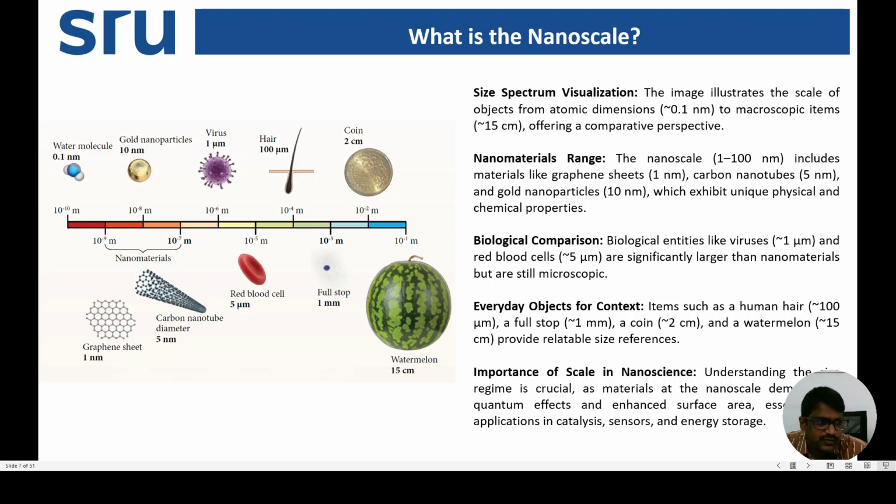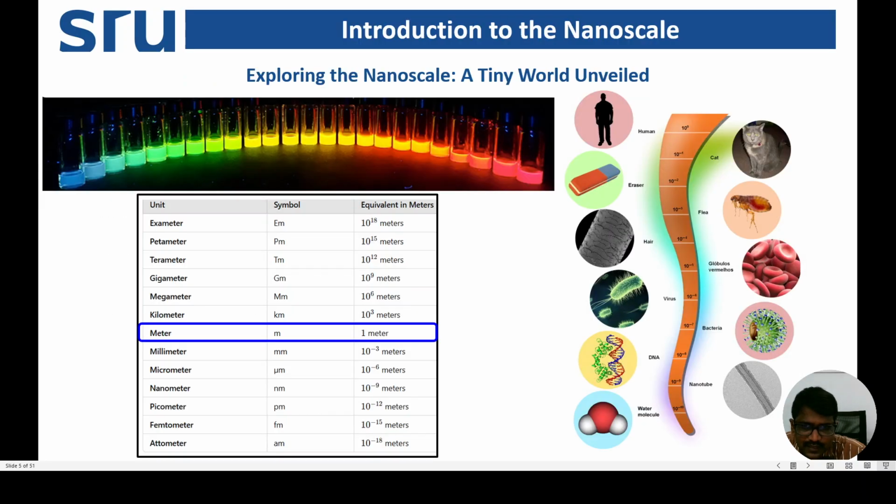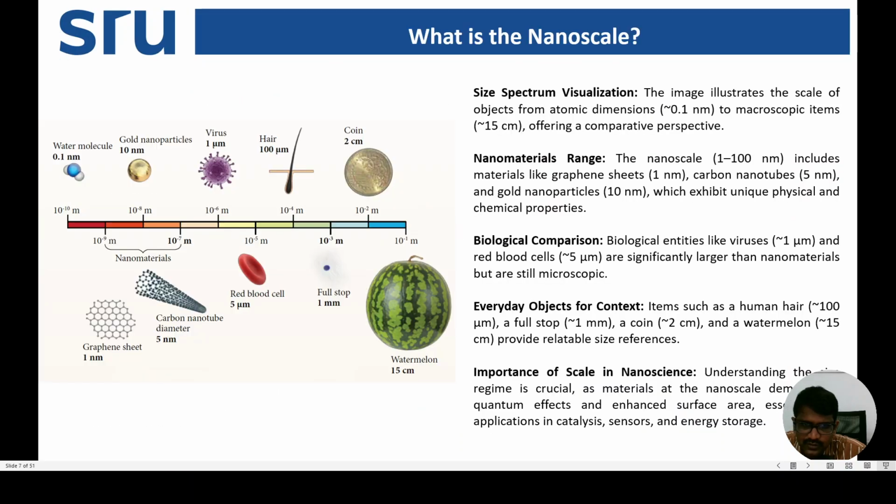If you see this picture, in the previous slides we saw top to down size reduction. Similarly here, from left to right the size increases, or from right to left you can see the size reduction.